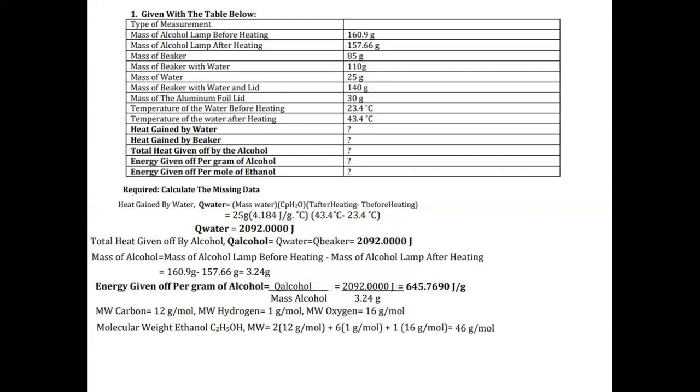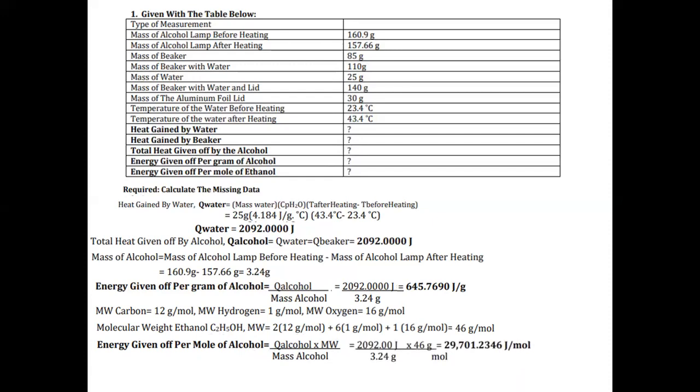Now let's proceed with the final calculation, the energy given off per mole of alcohol. We're going to use this formula: the heat loss by the alcohol multiplied by the molecular weight of ethanol, over the mass of ethanol used to heat the water. Substituting the values: 2092 joules multiplied by 46 grams per mole over 3.24 grams.